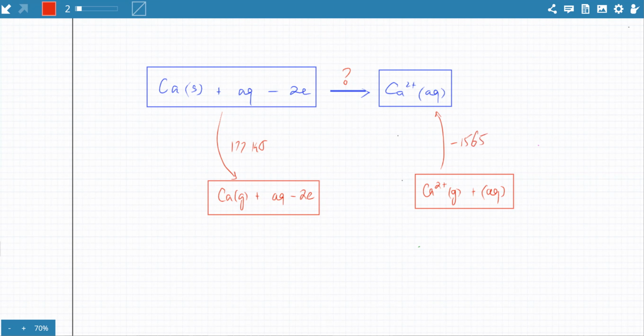And what was the path that is still missing in between? What's happening in this green path? What's the reaction taking place over here?